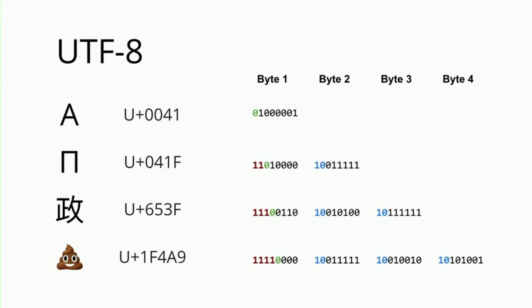Any character that starts with 110 will be a 2-byte character. Any character that starts with 1110, 3-byte, etc. And then all the subsequent bytes start with 10. And so you know that if you stumble into a stream and you start reading bytes out and you see a 10 at the start of a byte, you know I'm in the middle of a character. I need to ignore that until I see something else.